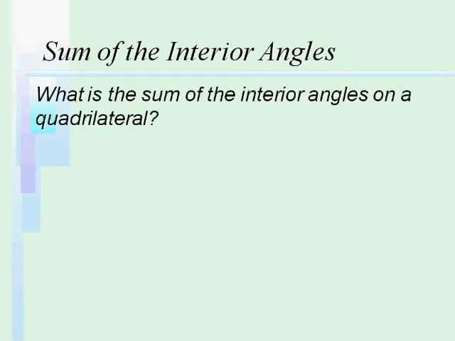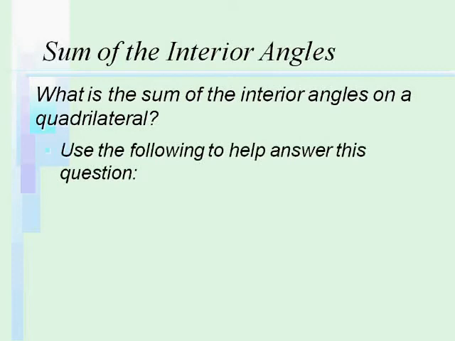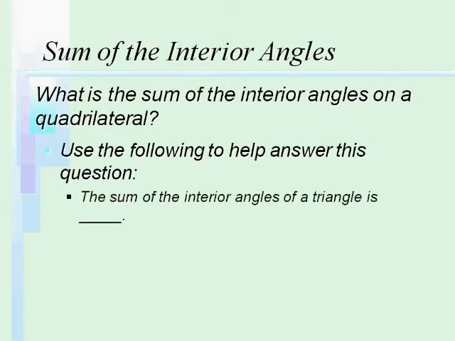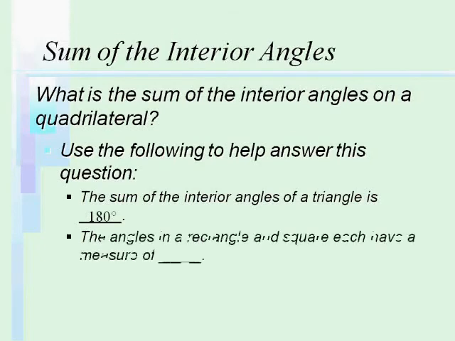Now, to figure out what is the sum of the interior angles of a quadrilateral, use the following to help answer this question. The sum of the interior angles of a triangle is 180 degrees. The angles in a rectangle and square each have a measure of 90 degrees.